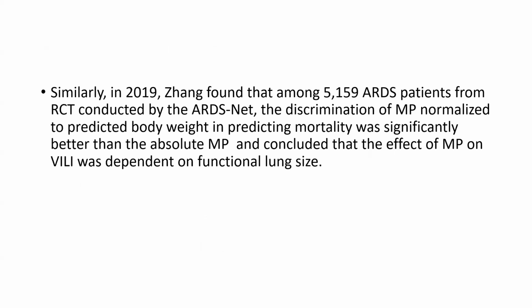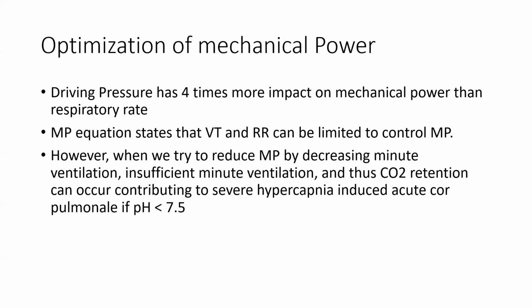Similarly, in 2019, Zhang found that among 5,159 ARDS patients from RCTs conducted by ARDSNet, the discrimination of mechanical power normalized to predicted body weight in predicting mortality was significantly better than absolute mechanical power, and concluded that the effect of mechanical power on ventilator-induced lung injury was dependent on functional lung size.